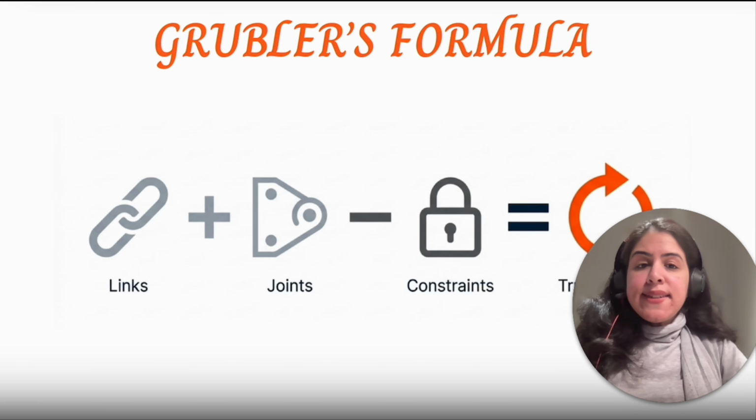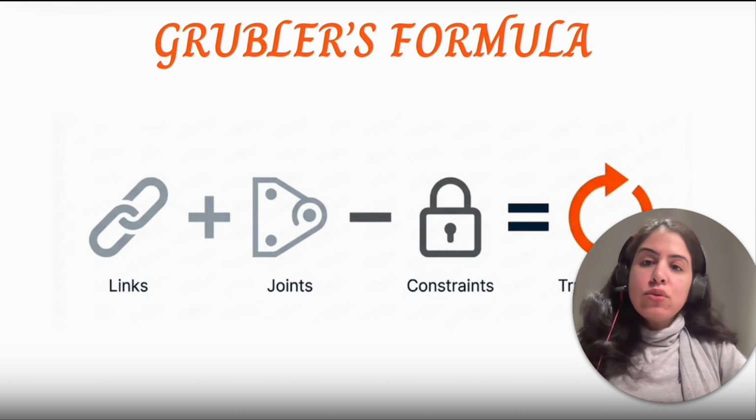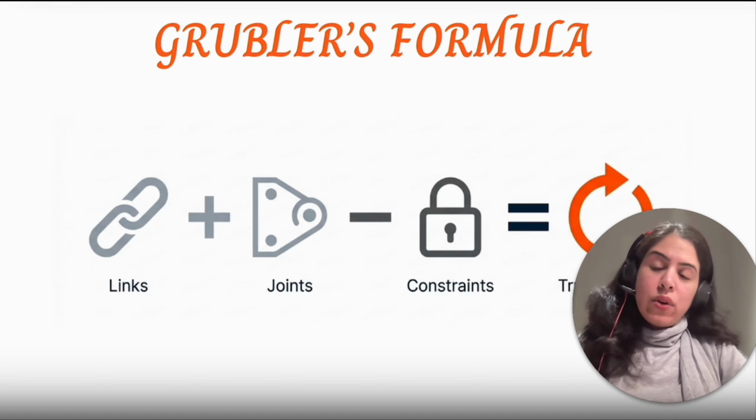In robotics, degrees of freedom are not guessed or loosely defined. Engineers use a well-known industry formula called Grübler's formula. Now, you don't need to know the equation, but it's important to know what it really accounts for.